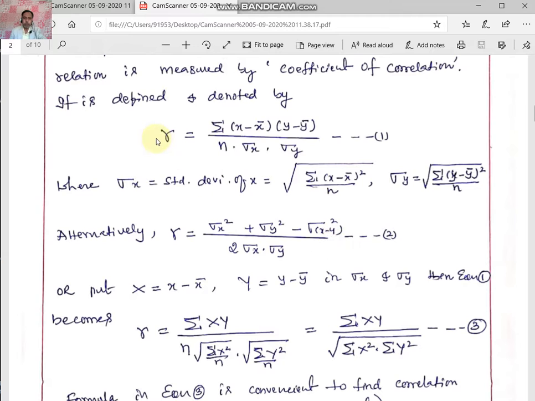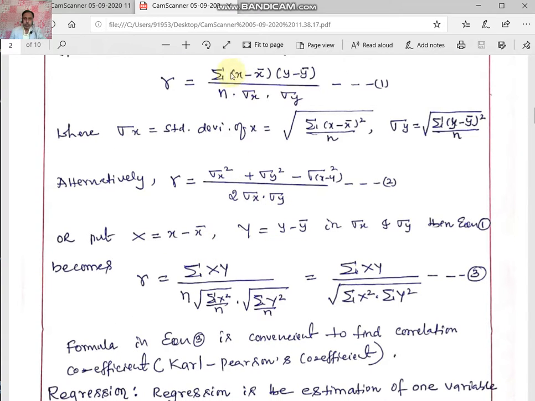Alternatively, this correlation is written as r is equal to sigma x square plus sigma y square minus sigma x minus y square, that is variance of x plus variance of y minus variance of the difference x minus y, divided by 2 into standard deviation of x and standard deviation of y, that is sigma x sigma y.